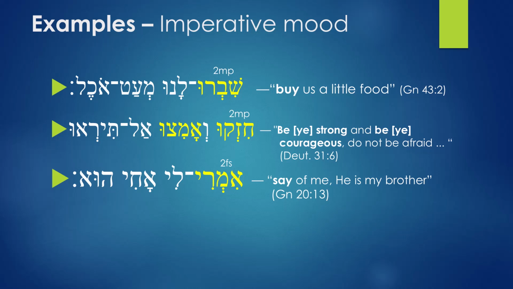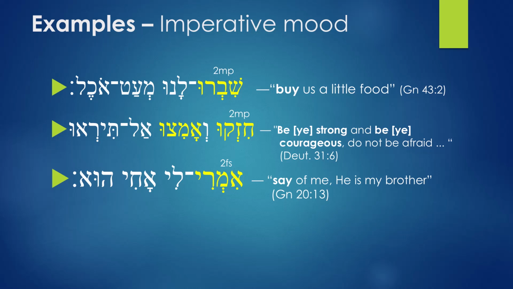Now what does it mean? It's coming from the word shavar. Shavar means he bought. And the imperative is "buy." Remember the imperative is straight. Buy. Lanu means us, it means to us. But context is going to guide your translation. So instead of saying "to us," we say "buy for us," me'at ochel.